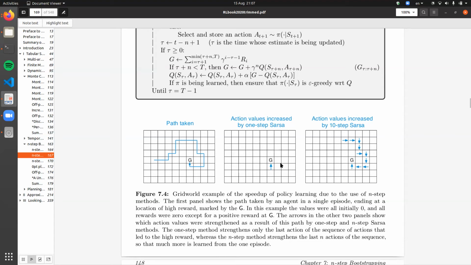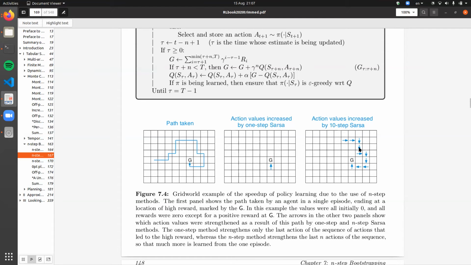Next time we take this path, the high reward from state G will be propagated through this previous time step to this time step, and so on. But in 10-step Sarsa, we propagate the high reward from state G all the way down through the 10 previous states.